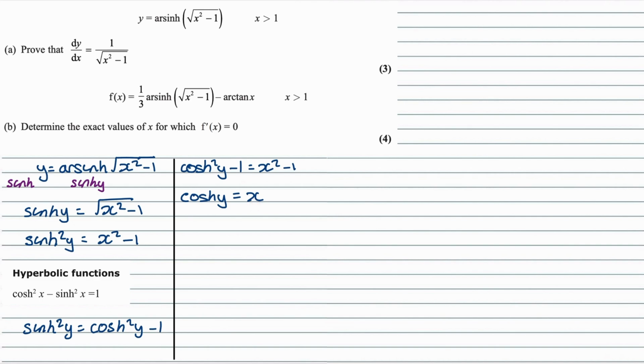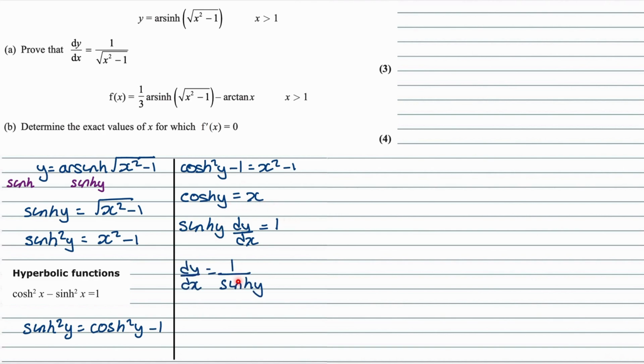And now we need to find dy by dx by differentiating both sides with respect to x. So we need to differentiate cos y implicitly, and this will give us sine y dy by dx. And then when we differentiate this x with respect to x, we just get 1. Now we can make dy by dx the subject by moving this over to the right-hand side.